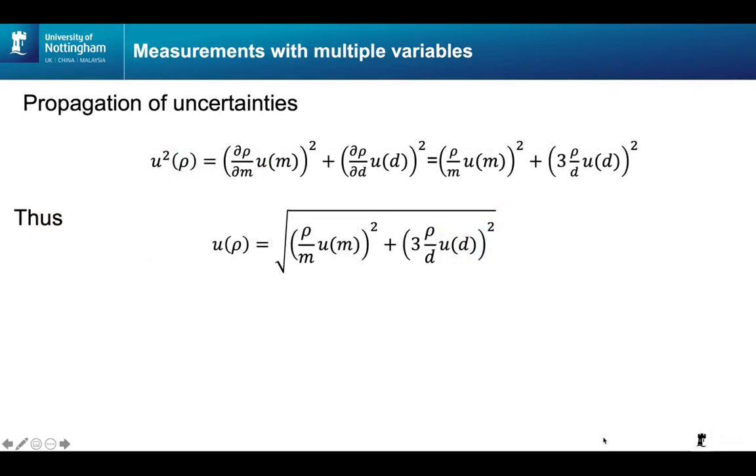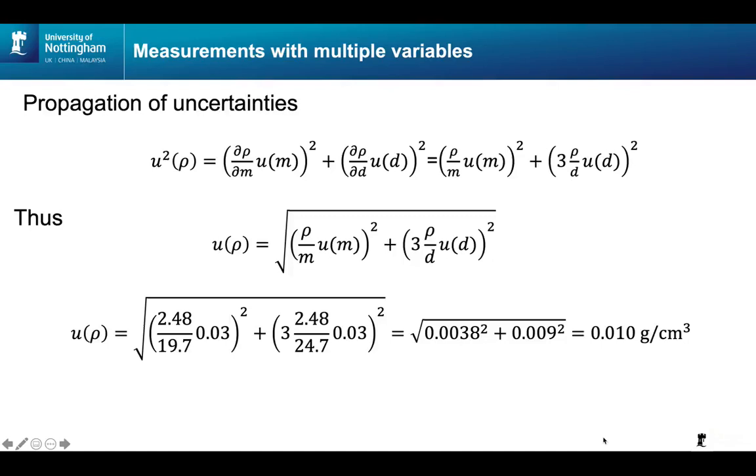So going back to our propagation of uncertainties, so there's that sum of squares equation, which we just recalled from the previous slides, and thus we can just take the square root of that to give us the uncertainty.